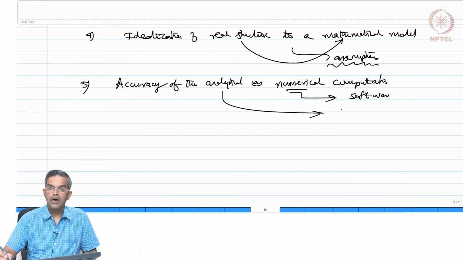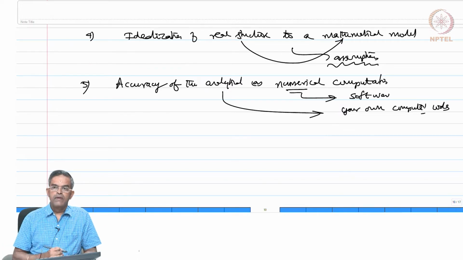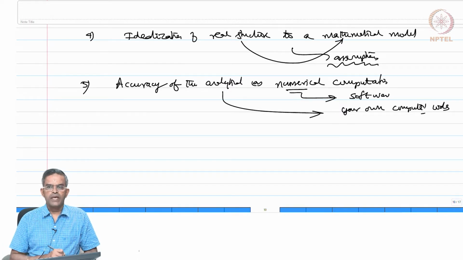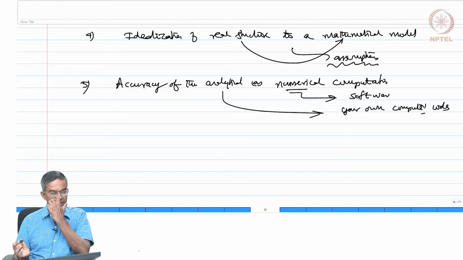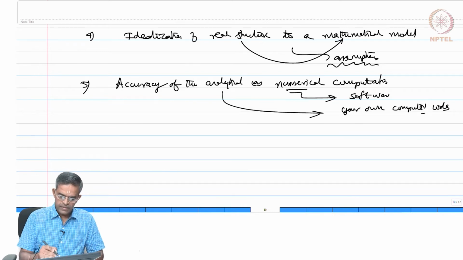Analytical means output using your own computer codes. So, there can be error, there can be variation, there can be disagreement, there can be invalid outputs coming from the analysis. Okay. So, they can also lead to uncertainties.